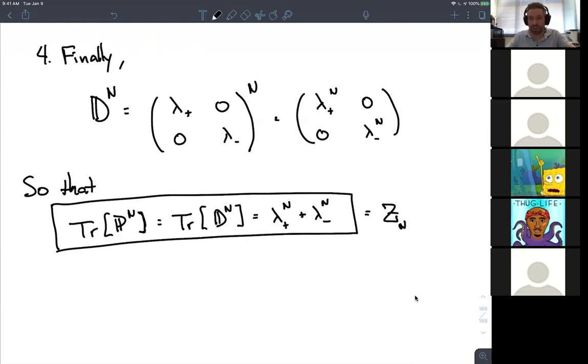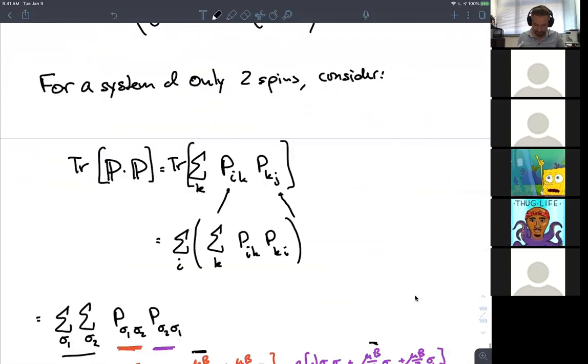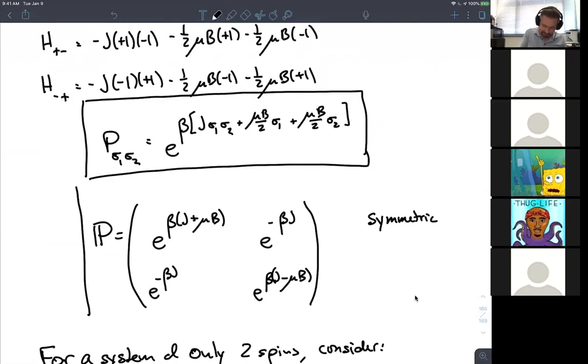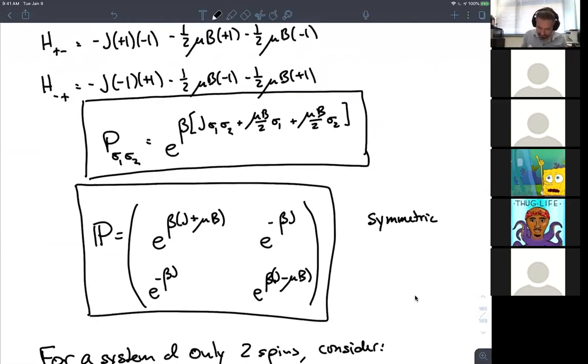All right, so now what we have done is changed our problem from how do we find the partition function of this complicated Hamiltonian to finding the partition function of our Hamiltonian. All we have to do is take this P matrix that we defined right here. So this is P. And we just have to find this thing's eigenvalues. In other words, we just have to diagonalize this thing to find its eigenvalues.